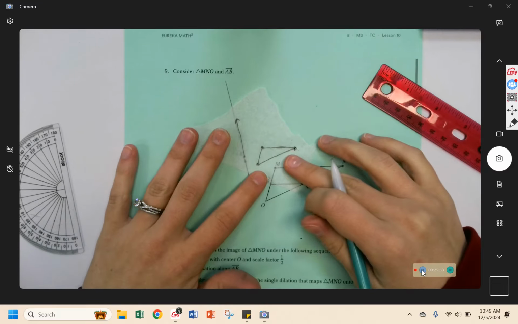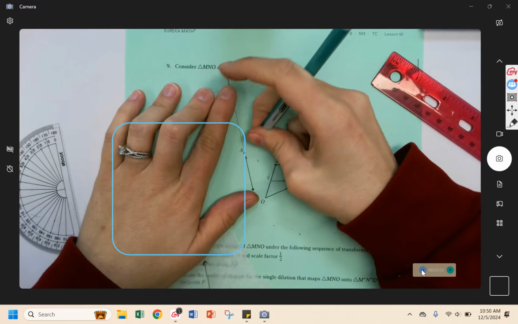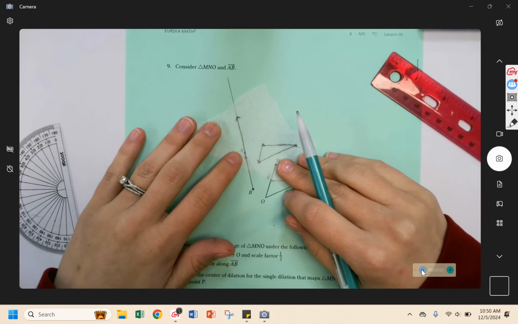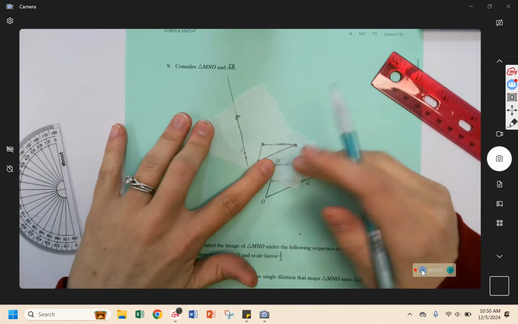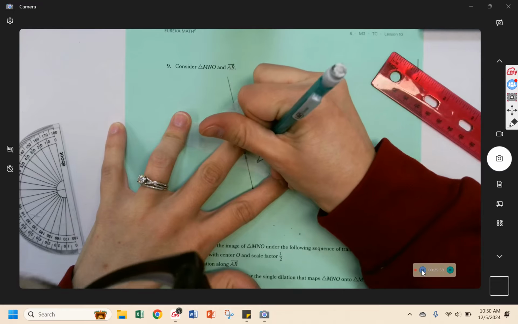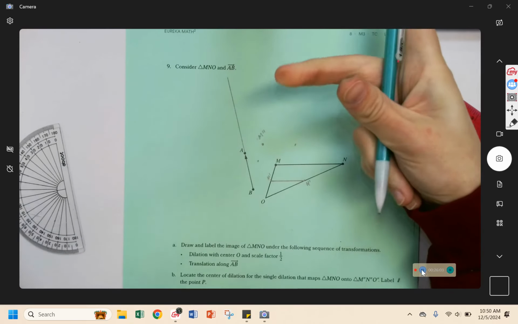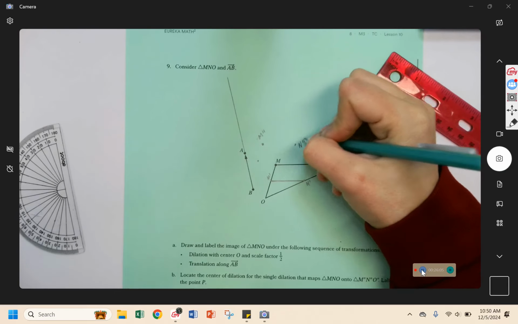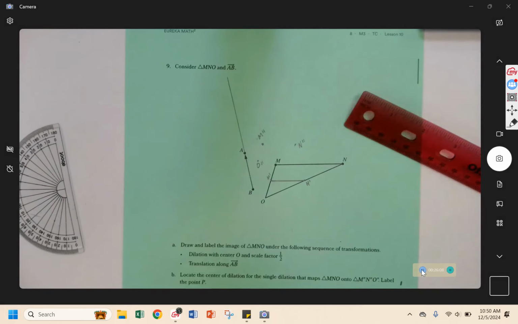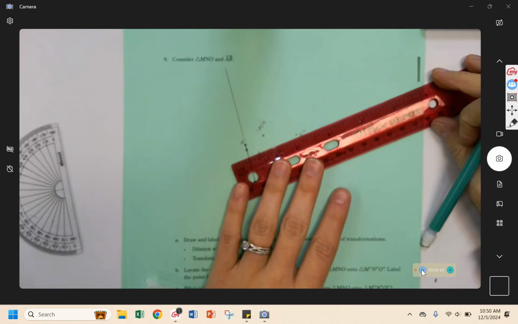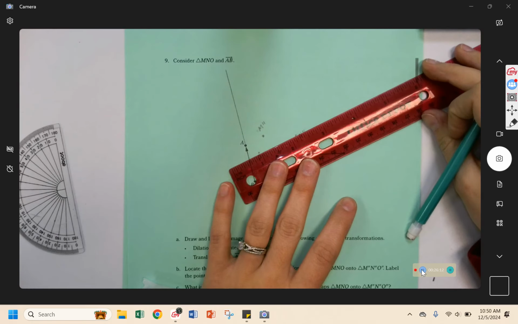Oh, I got in the wrong spot. Okay, then we will connect them using the straight edge.